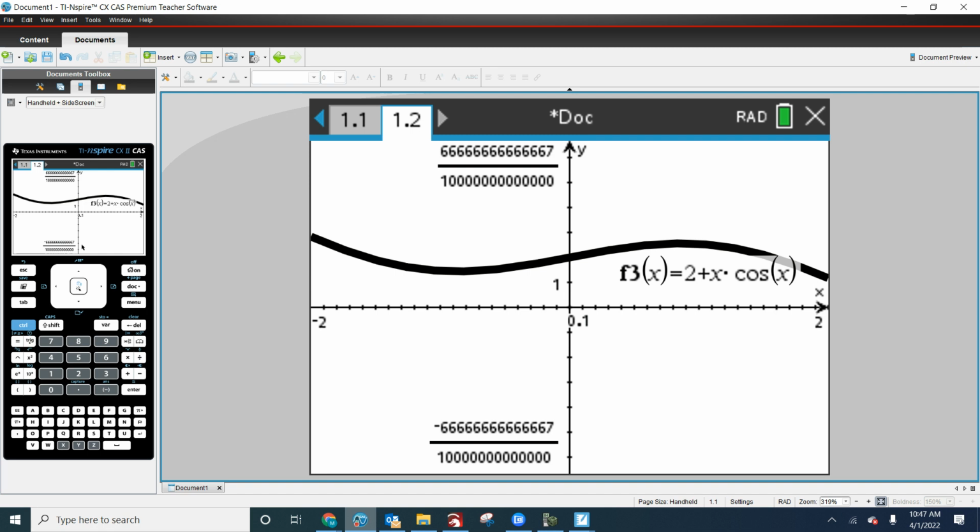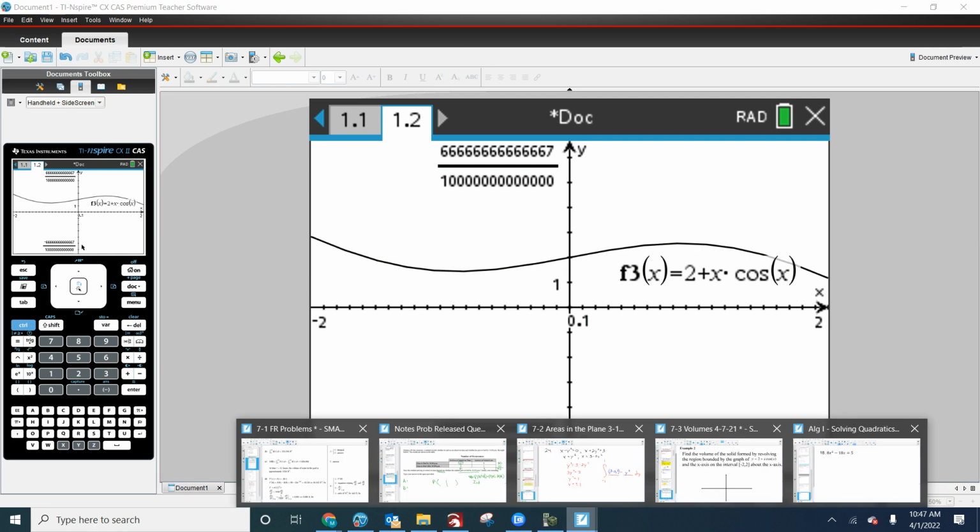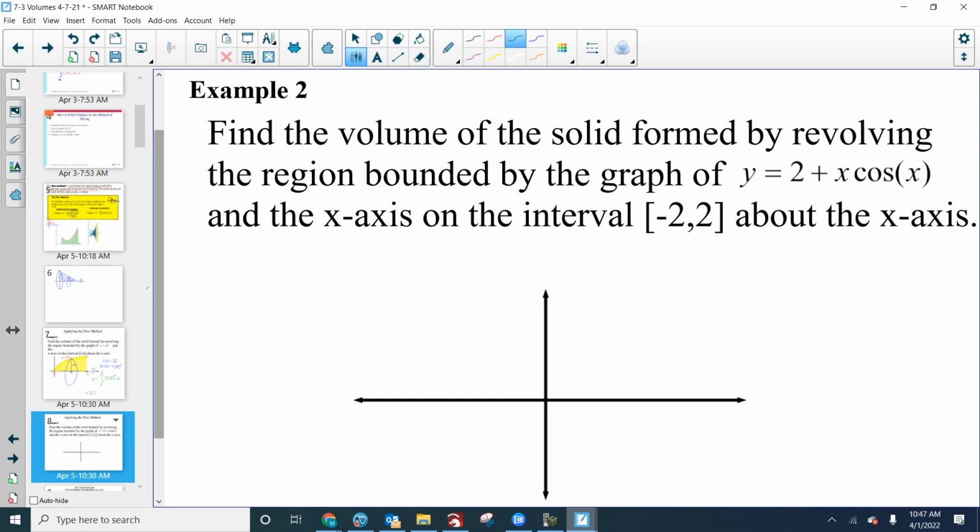Did you get that graph from -2 to 2? Now, read carefully. Find the volume of the solid formed by revolving the region bounded by the graph of 2 plus x cosine x and the x-axis.